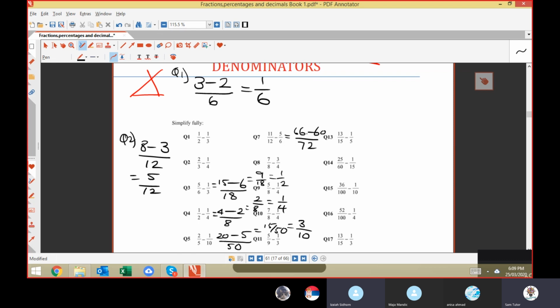And then 66 take away 60 is 6. So 6 over 72. And you can simplify this one more time. You can divide them both by 6, which becomes 1 over 12. 6 goes into 72 12 times.